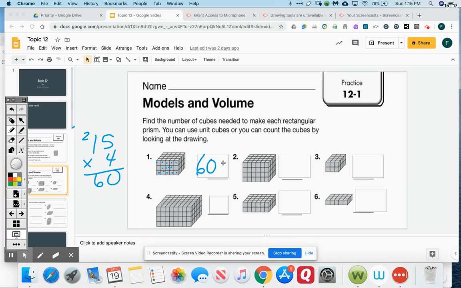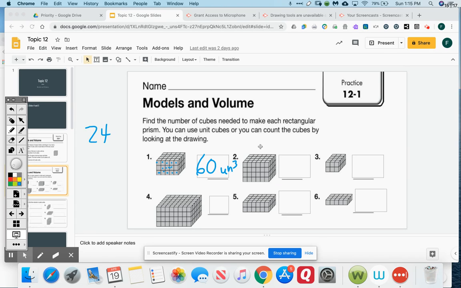And if you wanted to put on there, you could put units cubed. Okay, let's look at this one. Again, we're going to be counting 1, 2, 3, 4, 5, 6. And now I'm going to count by sixes, 6, 12, 18, 24. So again, I know that front layer is 24. So I'm going to do my problem here. 24.